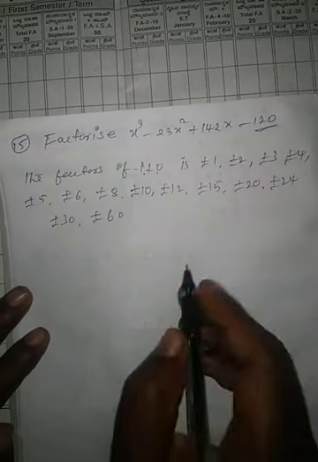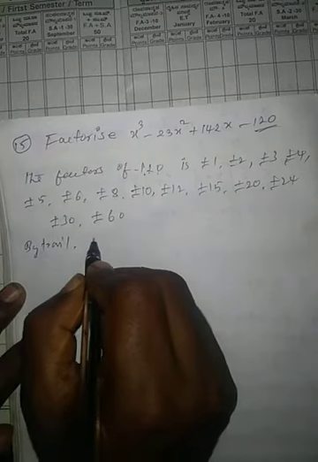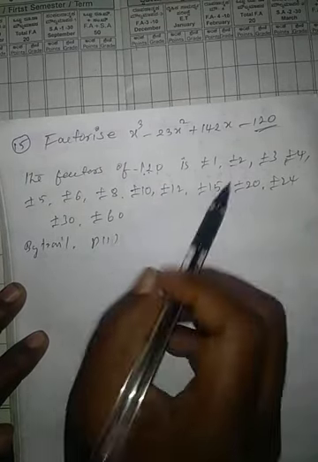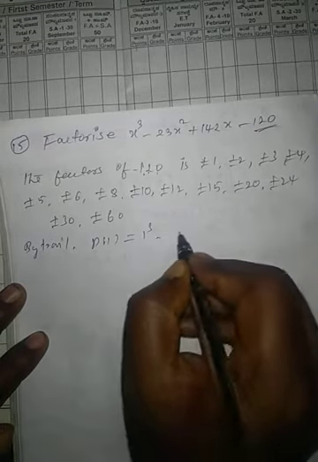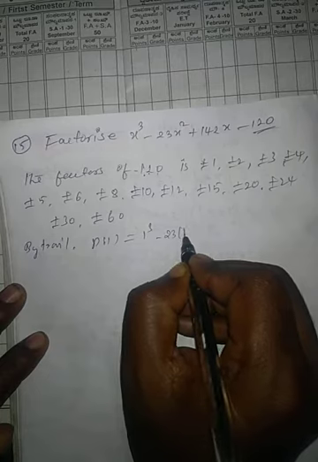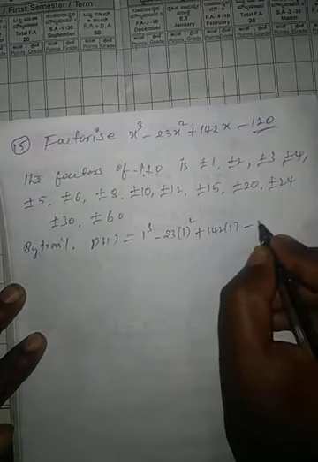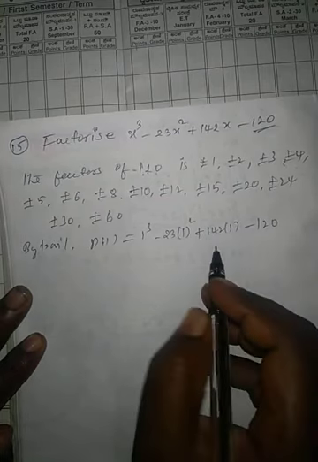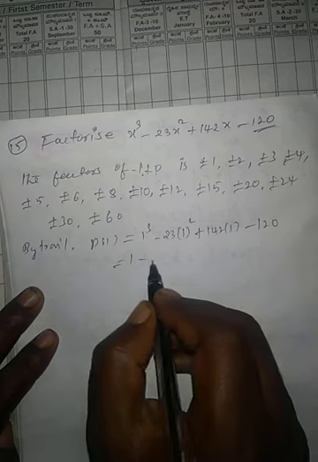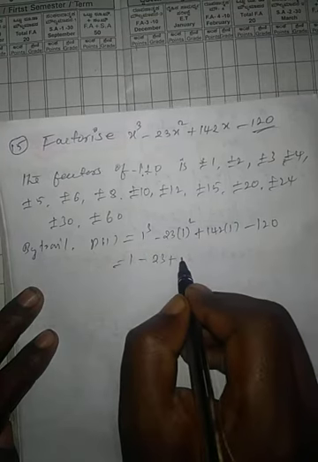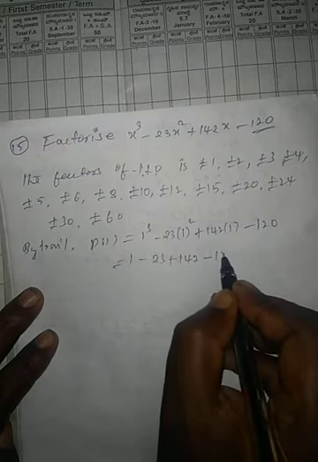Let us see by trial. What is p of 1? First one is p of 1. So plus 1. Let us see, x cube means 1 cube, minus 23 into x square means 1 square, plus 142 into x value is 1, and minus 120. 1 cube is 1, minus 23 into 1 square is 23, plus 142 into 1 is 142, and minus 120.